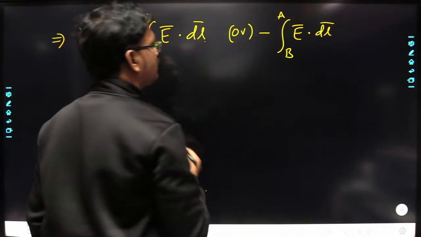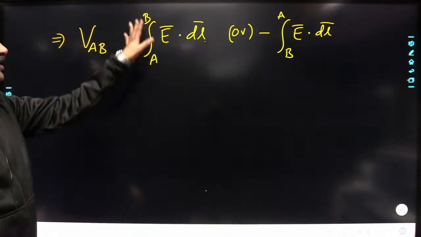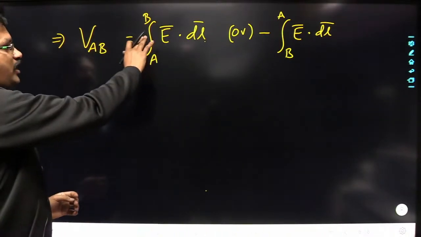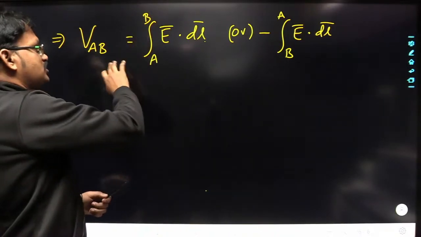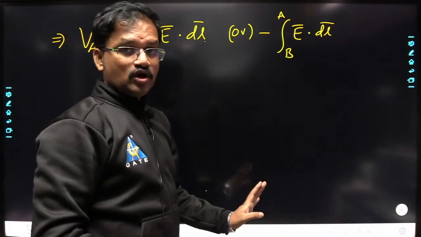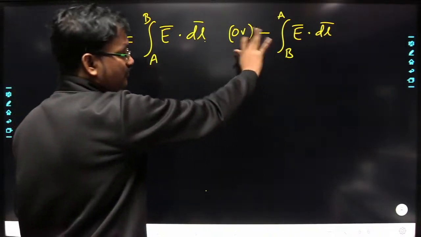So in any manner you can represent it, it doesn't matter. Whenever you are taking the range here, we are very clear when you have to take the plus sign and when you have to take the minus sign. That is, if you interchange these limits, then you have to take the minus sign. Yes or no? So we are very clear when to take plus and when to take minus.